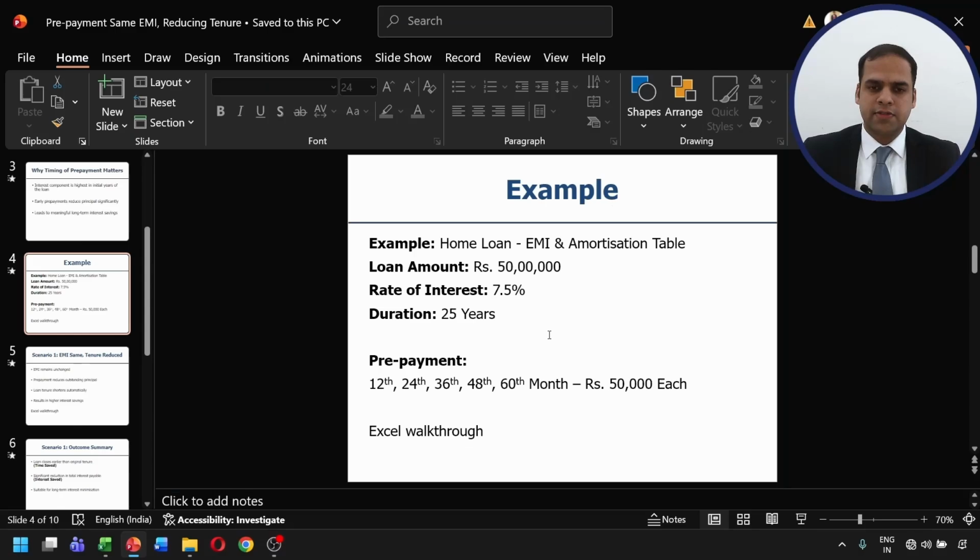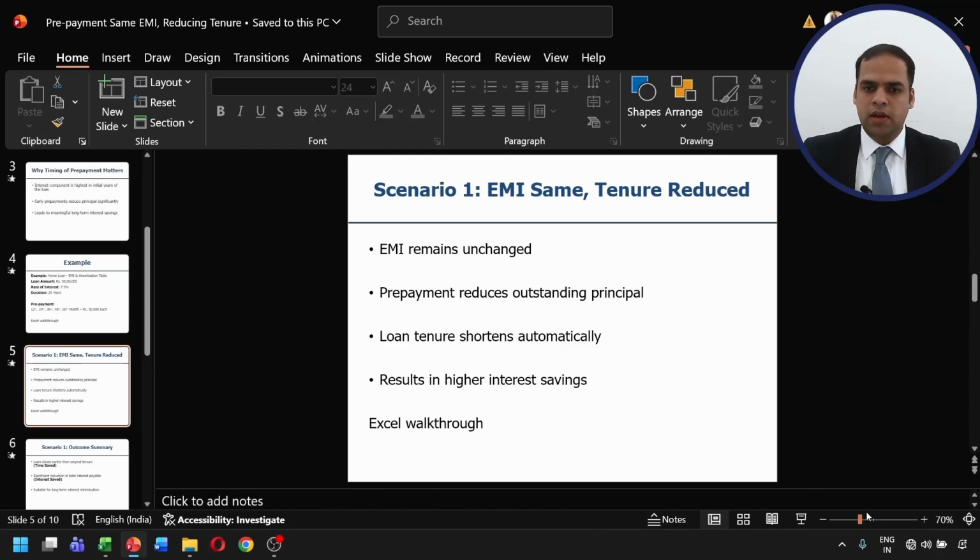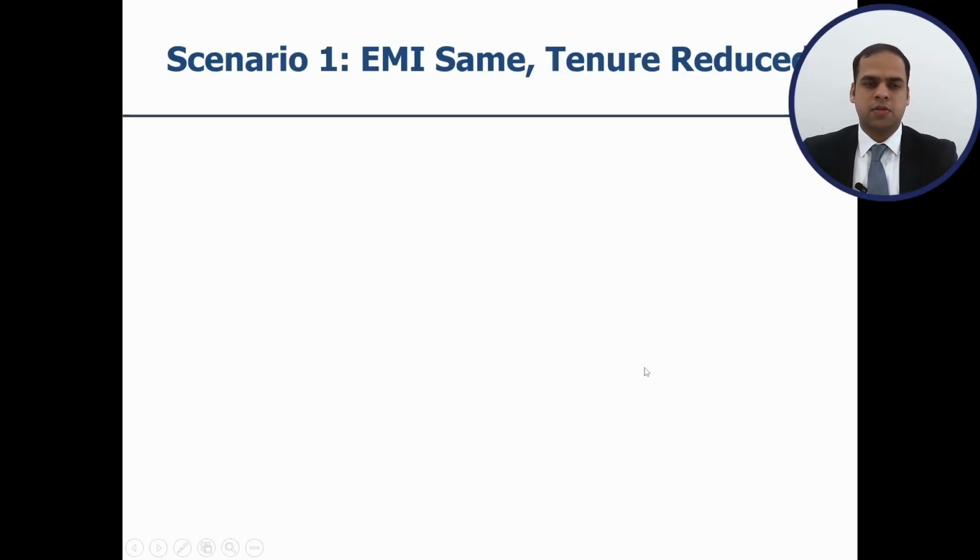So now as we have made our amortization schedule without prepayment, we are introducing the element of prepayment. Now there can be two scenarios. First scenario is where EMI remains the same as we prepay our loan earlier, and the impact of the same EMI leads to a reduced tenure.